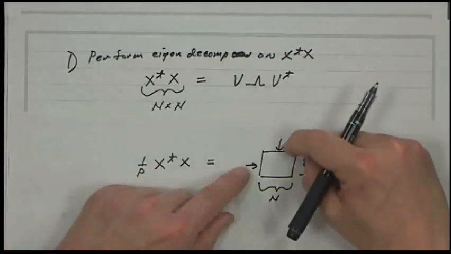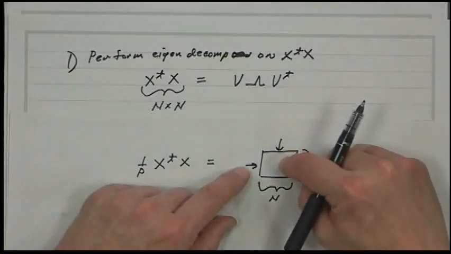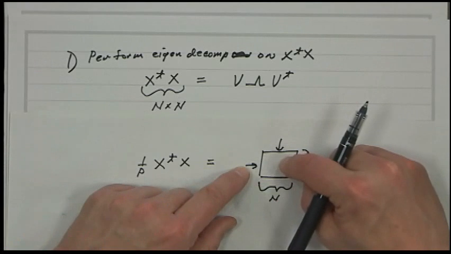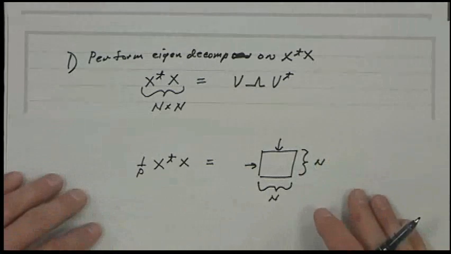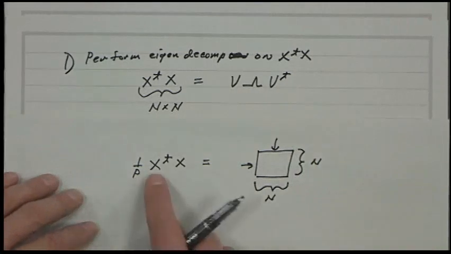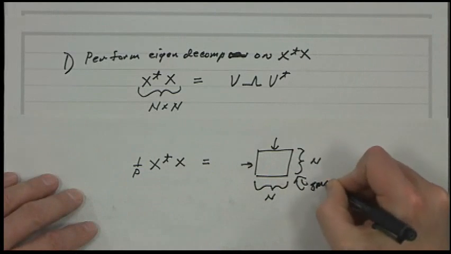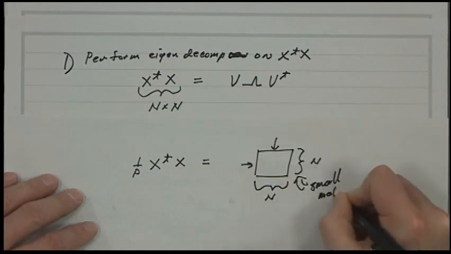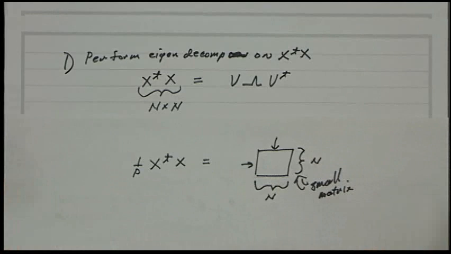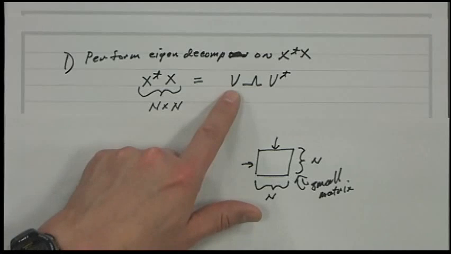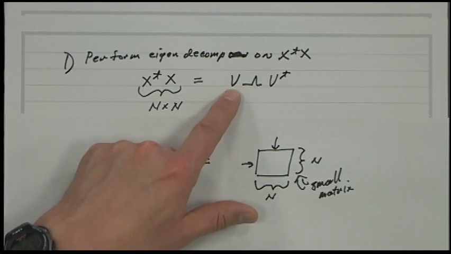If I look at the ijth entry of this matrix, I'm looking at the correlation between the ith image and the jth image. So this is a small matrix, like 100 by 100, so that's no problem. I can do eigendecomposition on that. It's not so bad.